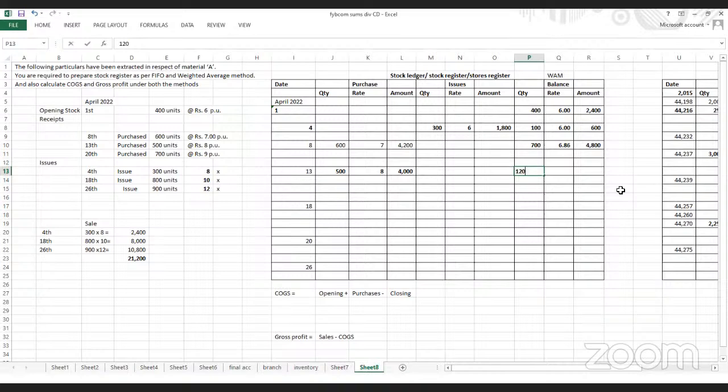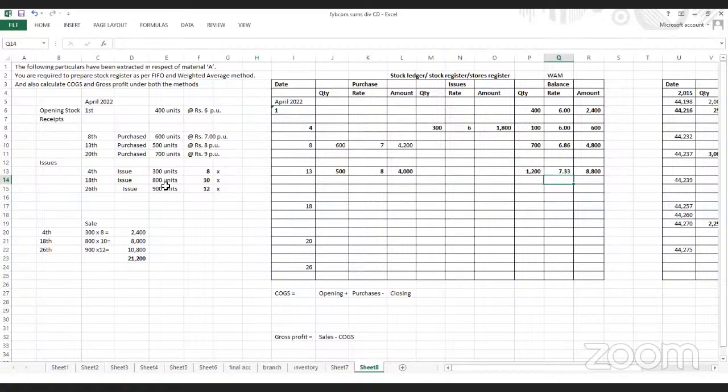So total units will be 1,200. Clear? Same way, add amounts also. We had 4,800 plus new purchase of 4,000. So it is 8,800. How to get rate? Again, the amount divided by units. That's it. 7.33. Clear? So after purchases, just add quantity, add amounts. Amount divided by quantity. You will get the new rate.